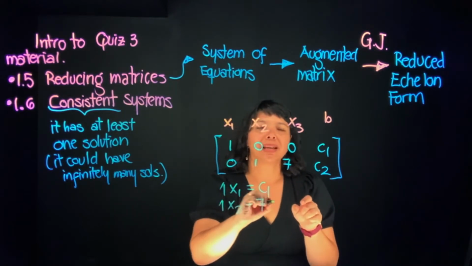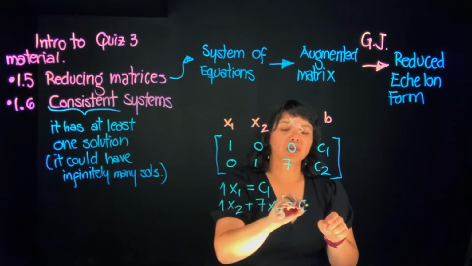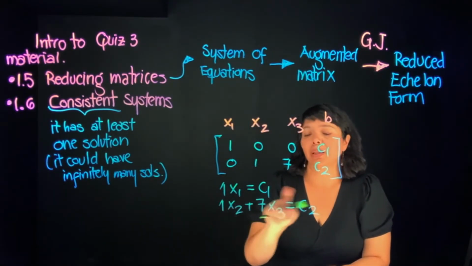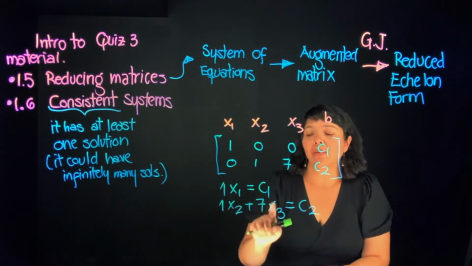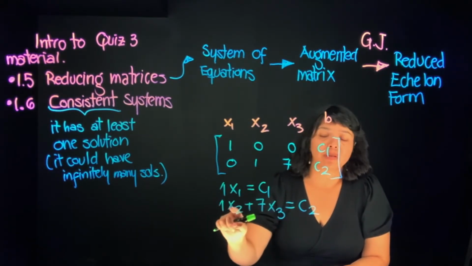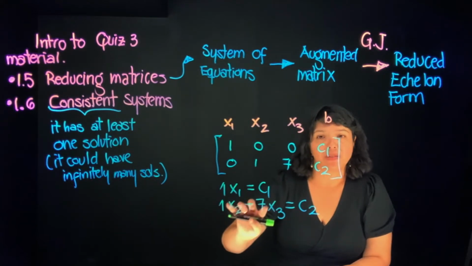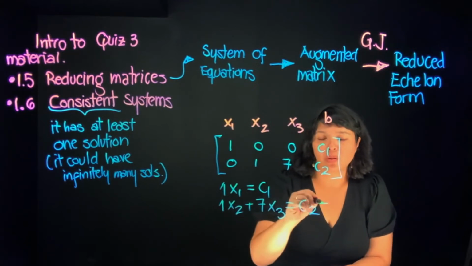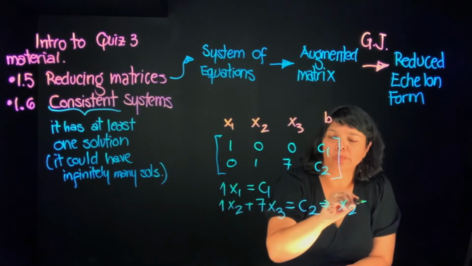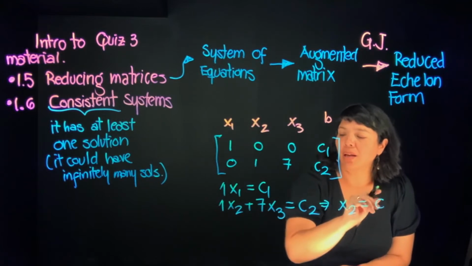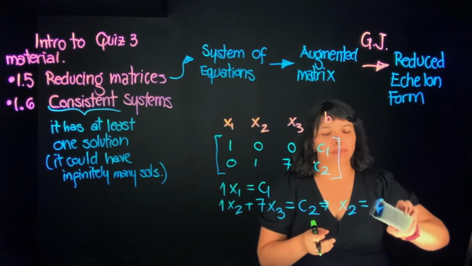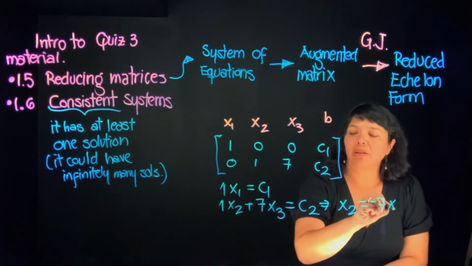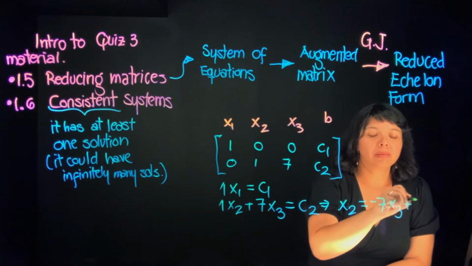Then x2, 1 times x2, plus 7x3 equals c2. And if you see from here, I could solve for x2 in terms of x3, or I could solve for x3 in terms of x2. But I cannot find specifics about any of these two. So what I can do is solve for x2: x2 equals negative 7x3 plus c2.